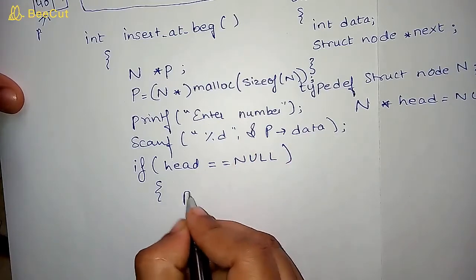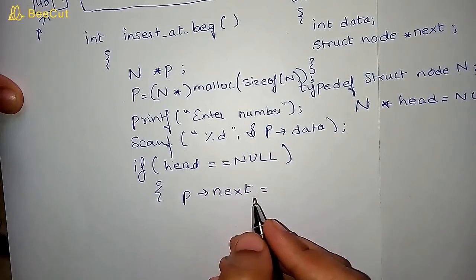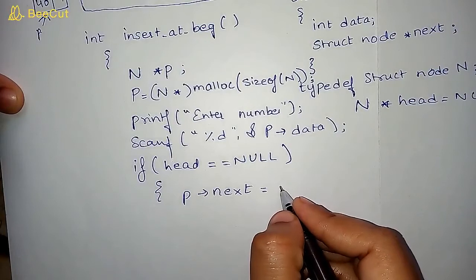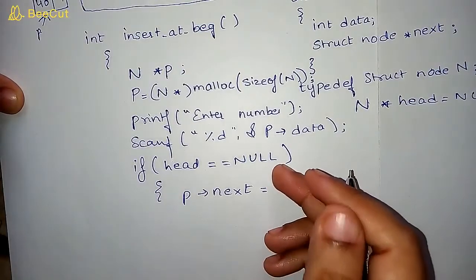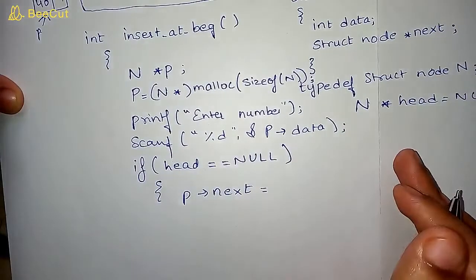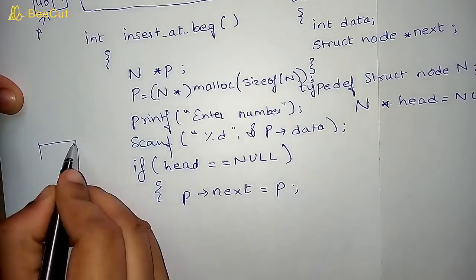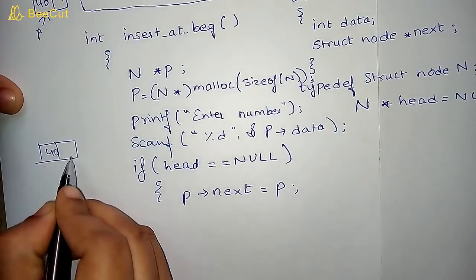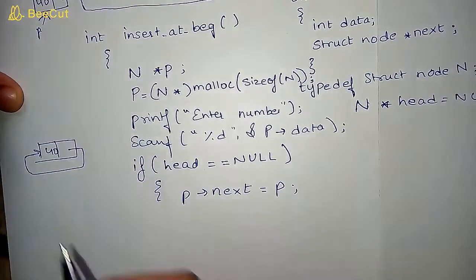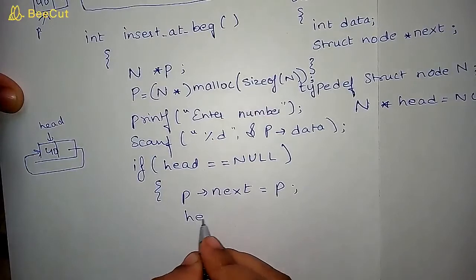In a circular linked list we don't have null values; the last node contains the address of the first node. So if head is null, this is the only node you are going to insert, there are no more nodes. So in p next you'll have p only. This is the node which you have created, and in the next field it will contain itself. And head will point to this, so I'll write head equals p.